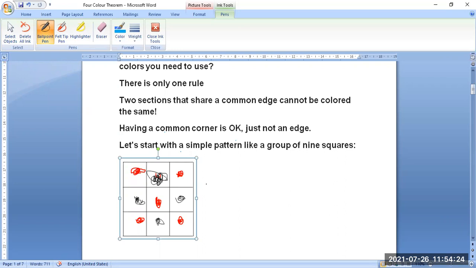Is it clear? Only two colors are required to color all the squares so that no two adjacent ones are the same color. They may share a corner. This corner is okay, but there is no edge between them in the same color. Is it clear?